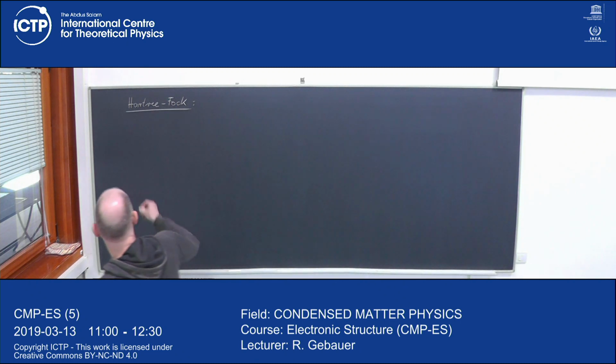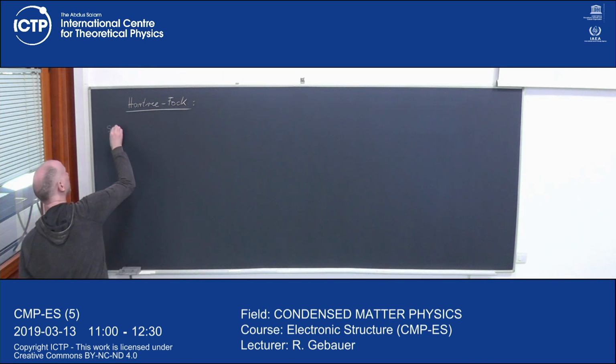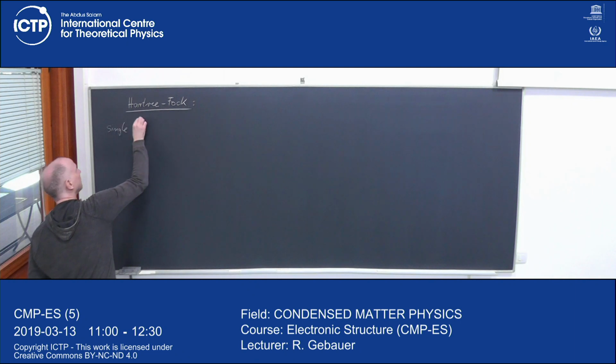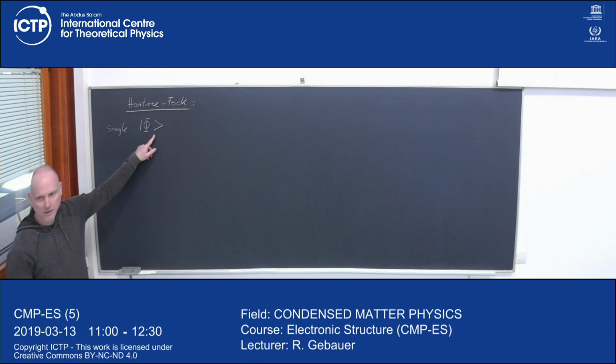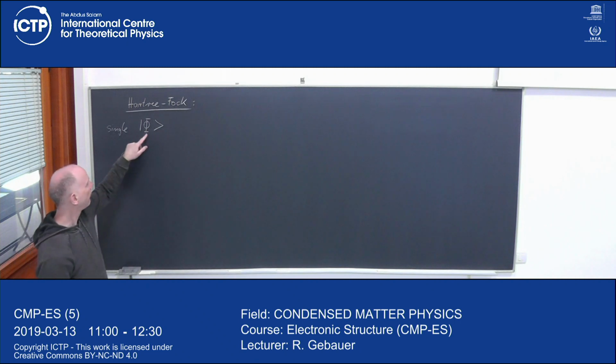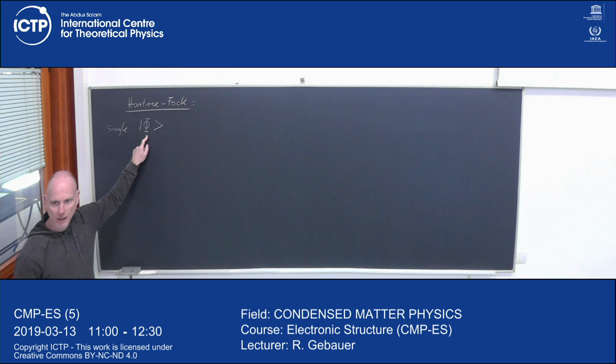So we say we have a single determinant, which is a true many-body function. This depends on n coordinates and n spins for the n electrons. Now, what one needs to know to determine this is, if we have n electrons, we need n orthonormal spin orbitals.